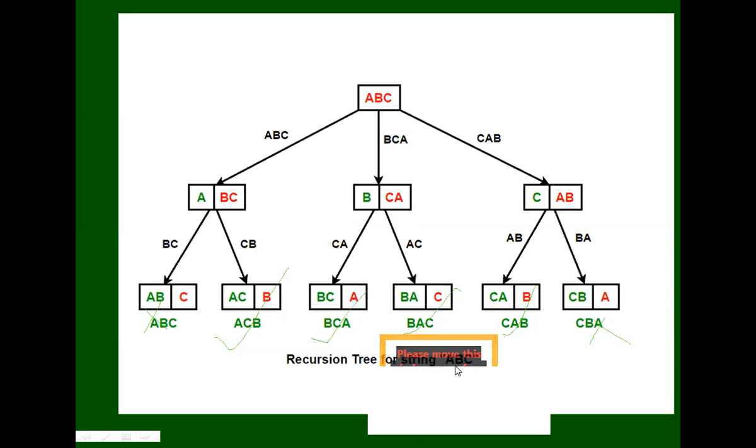Tomorrow we will discuss the next topic, that is the 8 queens problem, and once again I will repeat backtracking with another example, so that you can better understand backtracking. Okay, thank you.